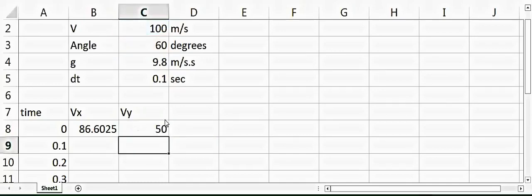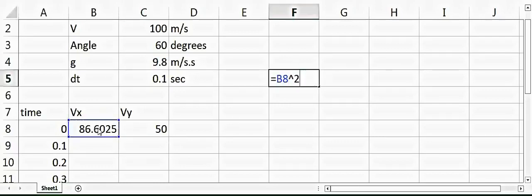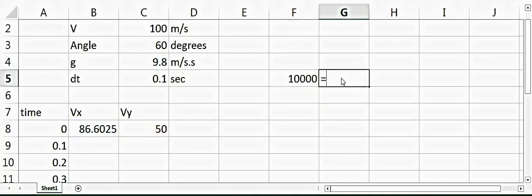So now we can check whether we have done the calculation right or not. Let's take this cell and I square the velocity in the x direction and then add it to the square of velocity in the y direction, and you can see that the answer is 10,000, and if I take the square root of this number, then that will be equal to 100, which is actually the velocity.